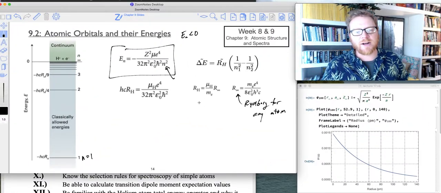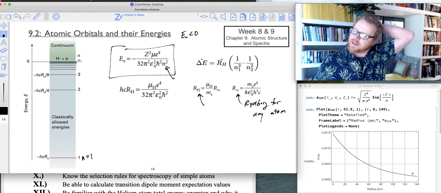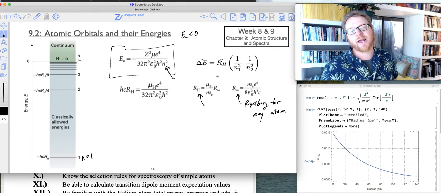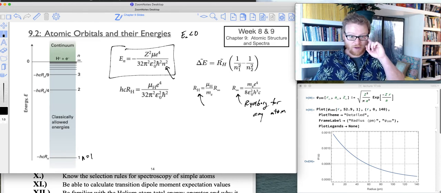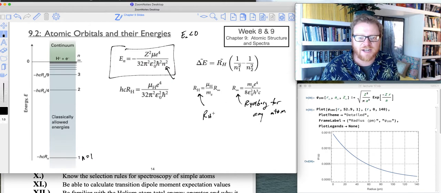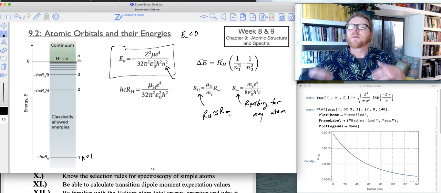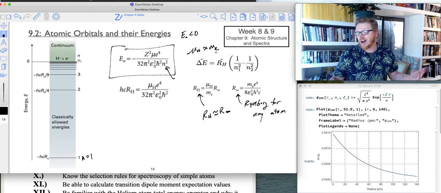So now the Rydberg constant for hydrogen comes by ratioing the reduced mass for hydrogen versus the mass of an electron, which are very close. So RH is very, very close to this R infinity because the reduced mass of hydrogen is basically equal to the mass of an electron.